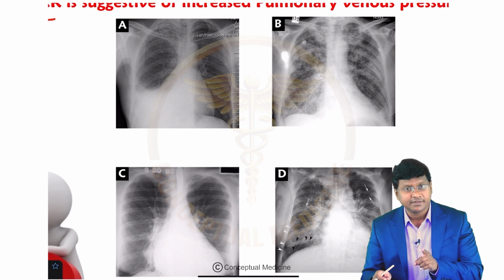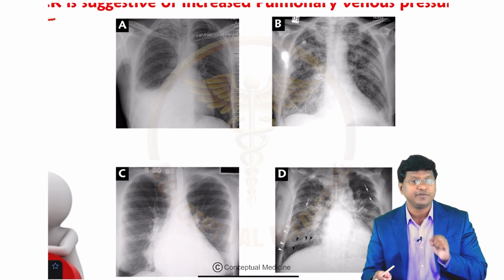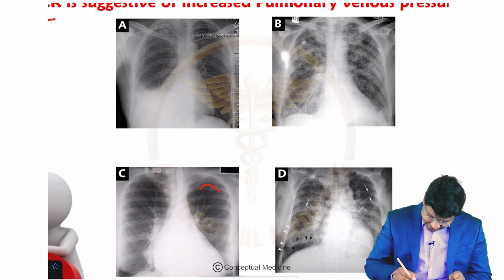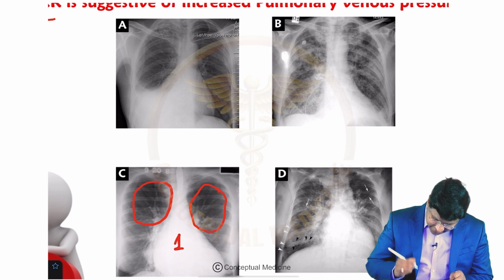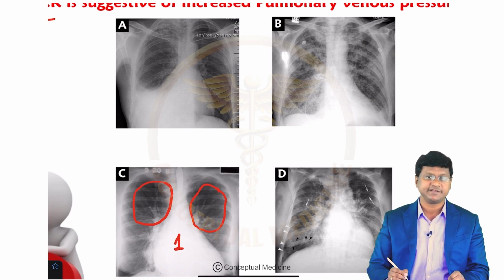What is that first thing I said? There will be upper lobe vein distension. So you can see that here, the upper lobe venous distension. This will be the first important chest X-ray finding.